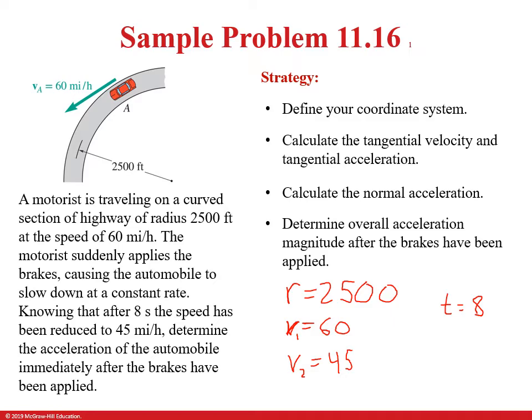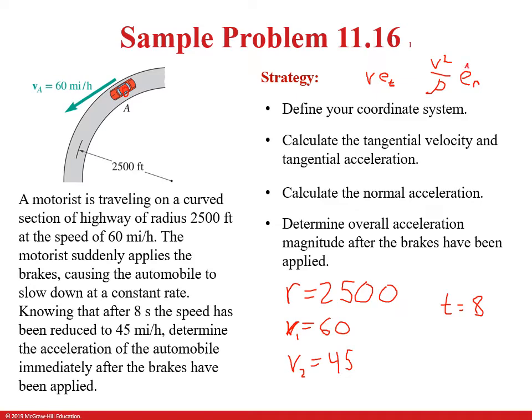So we're doing this about the moment right here, not further down the road when we're traveling 45 miles an hour. We want to know the instantaneous acceleration using that formula from a few pages ago, which I'm pretty sure was speed in the tangential direction, and then speed squared over rho in the normal direction.